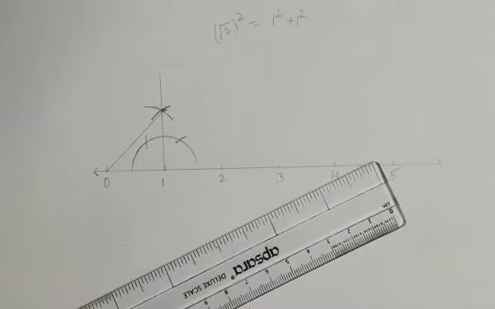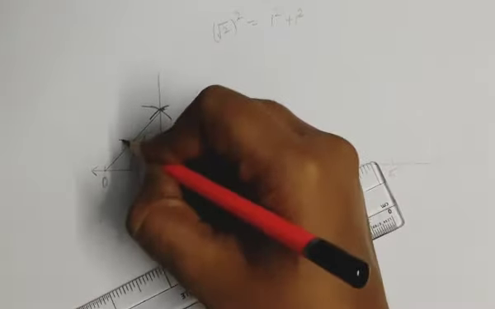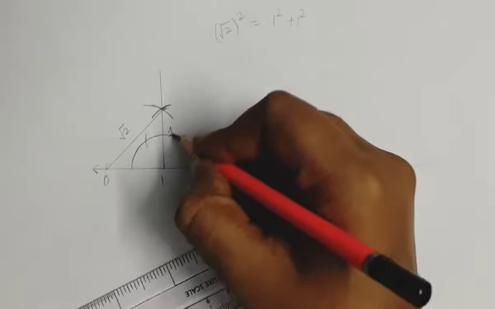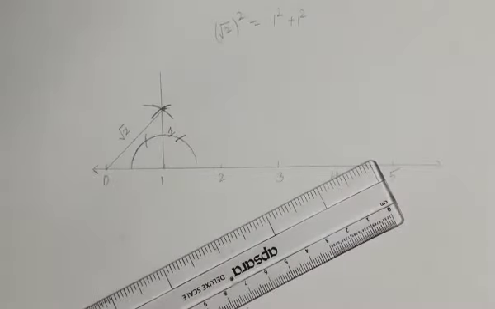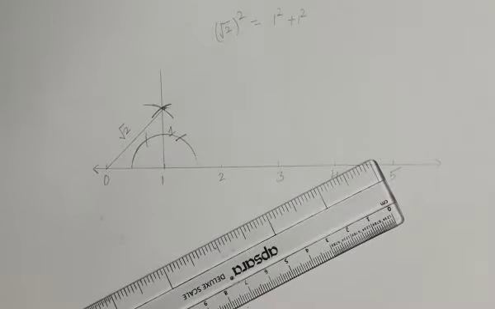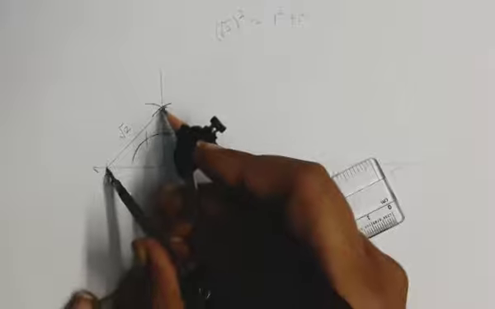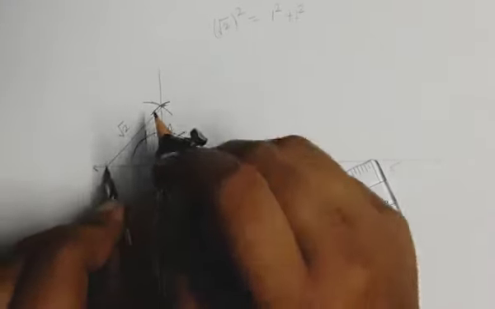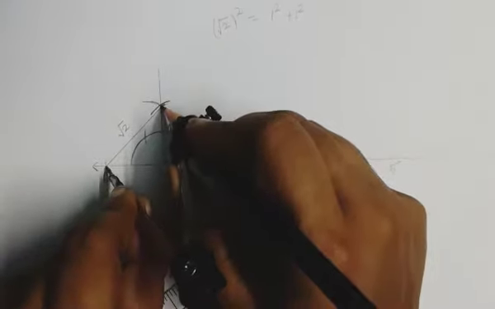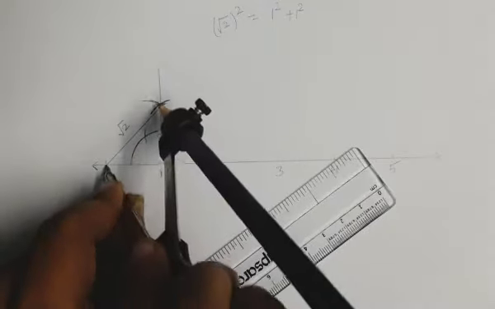Is it okay? Now our hypotenuse has come out to be √2 with base 1 and perpendicular also with 1 unit, right? What are we going to do next? We are going to open the compass with radius √2, that is the length of the hypotenuse, and draw an arc on the number line.